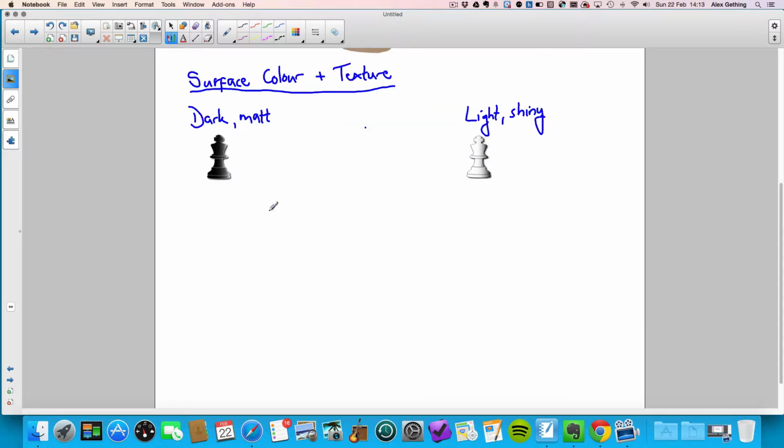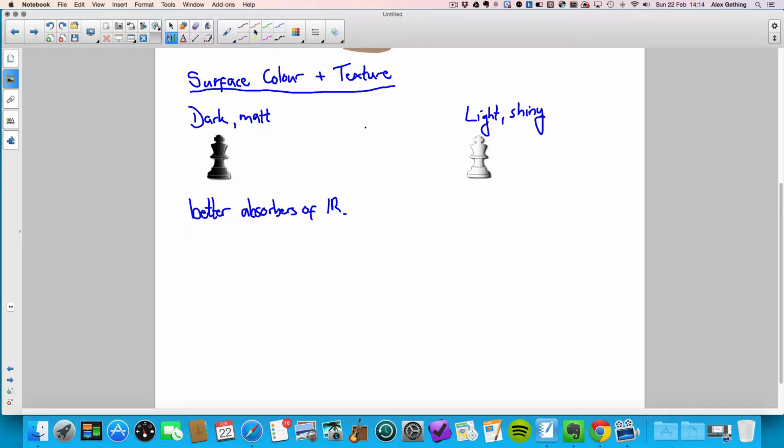So dark matte surfaces are much better absorbers when compared to light shiny objects. They also emit much more infrared radiation at any given temperature.